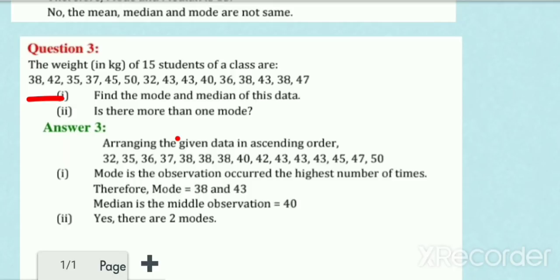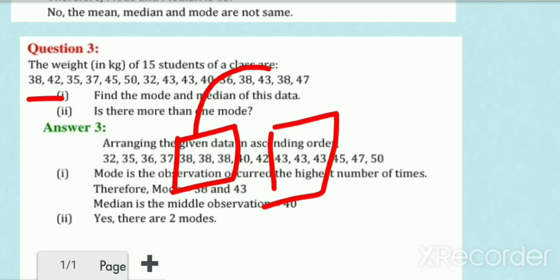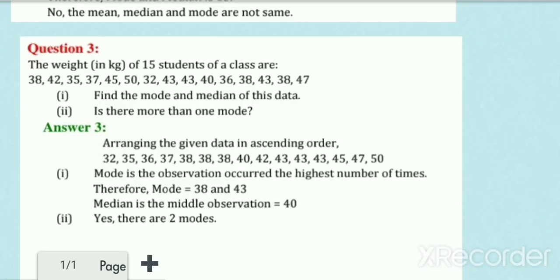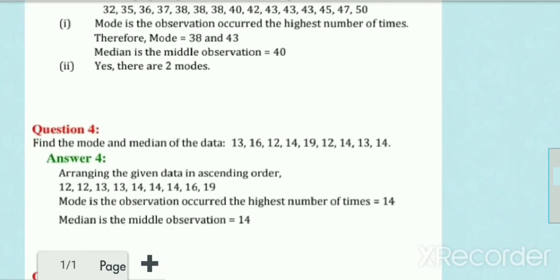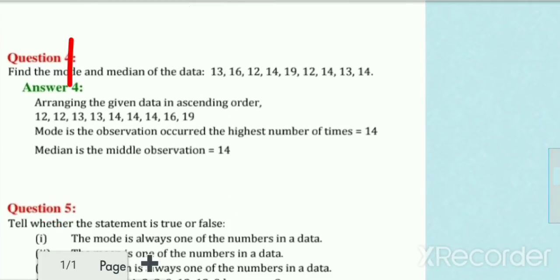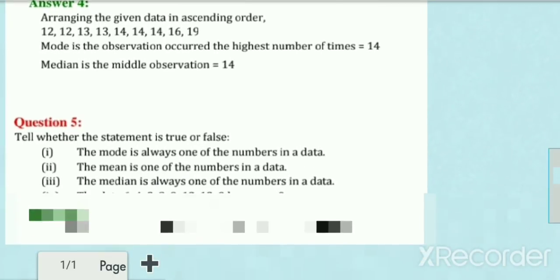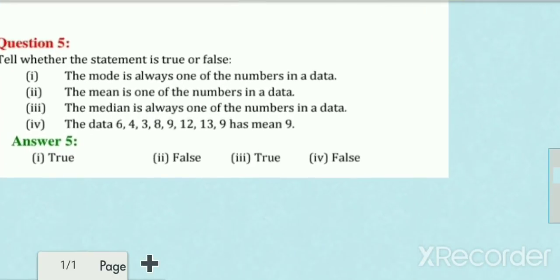We can see that 38 comes 3 times and 43 also comes 3 times. So they are both modes. So the result is yes, there are 2 modes. Now question number 4, find the mode and median of the given data. This is your homework.